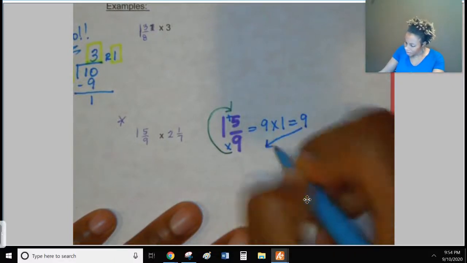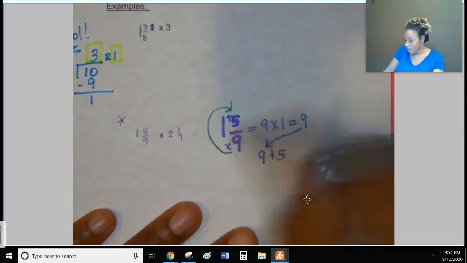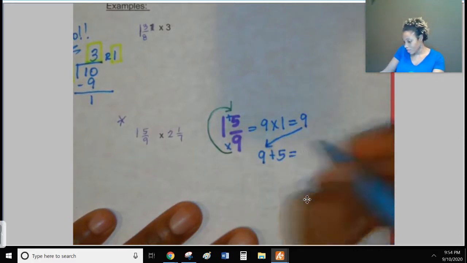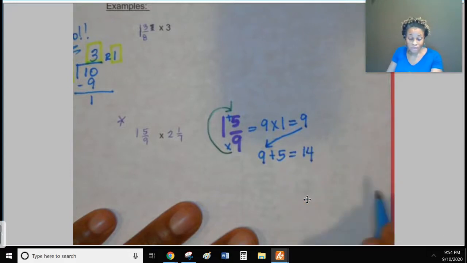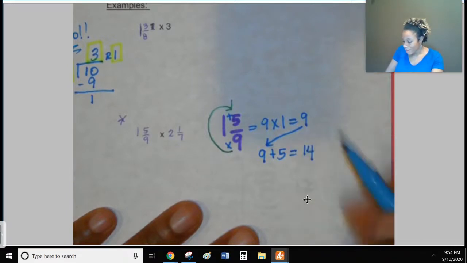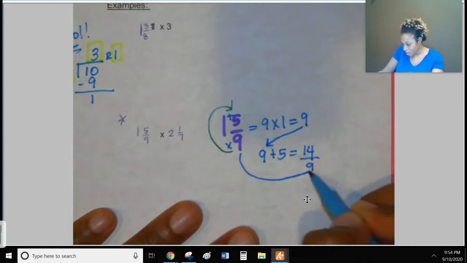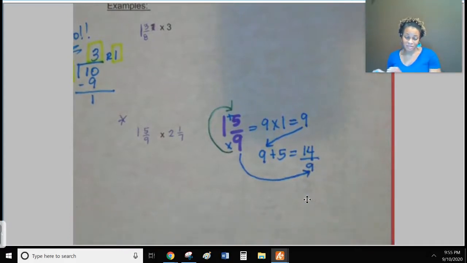Bring the 9 down. We're going to add 5 to the product of 9. That gives us 14. 14 is my new numerator. My denominator stays the same. So 14/9. 1 5/9 is the same as 14/9.